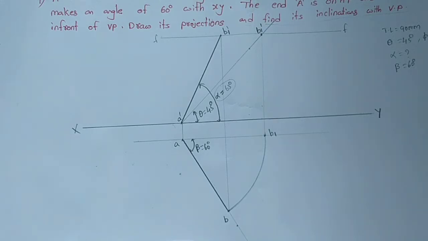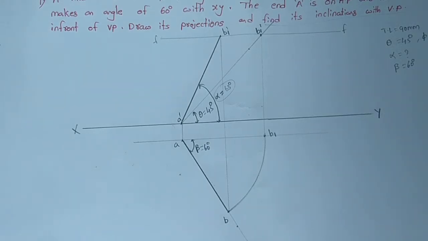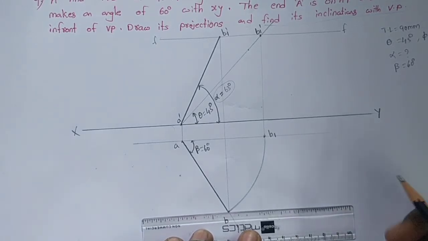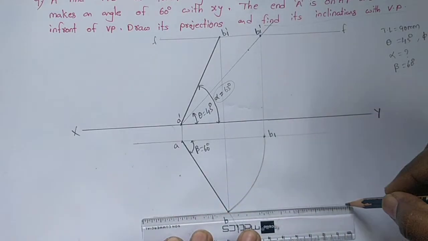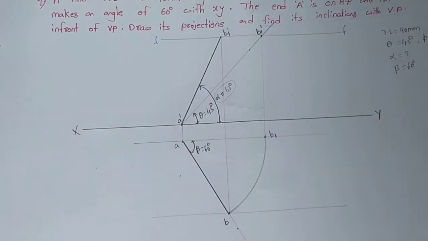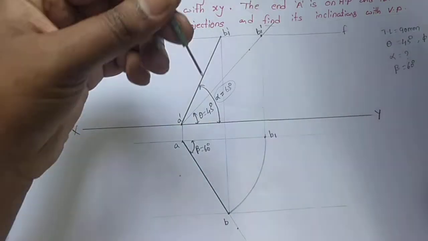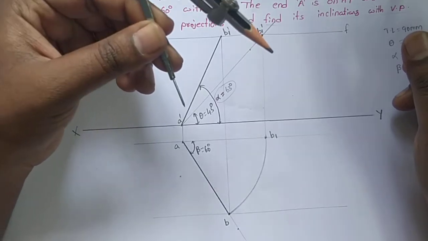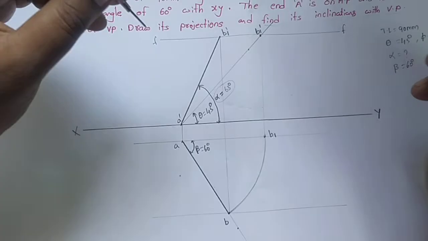Next we need to draw the true length. We need to find the phi value, so we draw one horizontal line. On this line, by using a compass, measure 90 mm length.